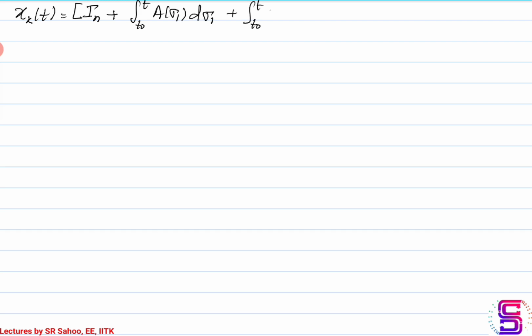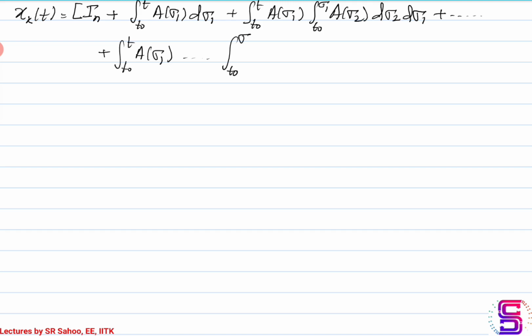Now if you see this, what is xk going to look like? xk of t is going to be the identity plus the integral t0 till t of A sigma 1 d sigma 1, plus the integral t0 till t of A sigma 1 times the integral t0 till sigma 1 of A sigma 2 d sigma 2 d sigma 1, and so on till the integral t0 till t of A sigma 1 times the integral t0 till sigma k minus 1 of A sigma k d sigma k, multiplied till d sigma 1, times x of 0.